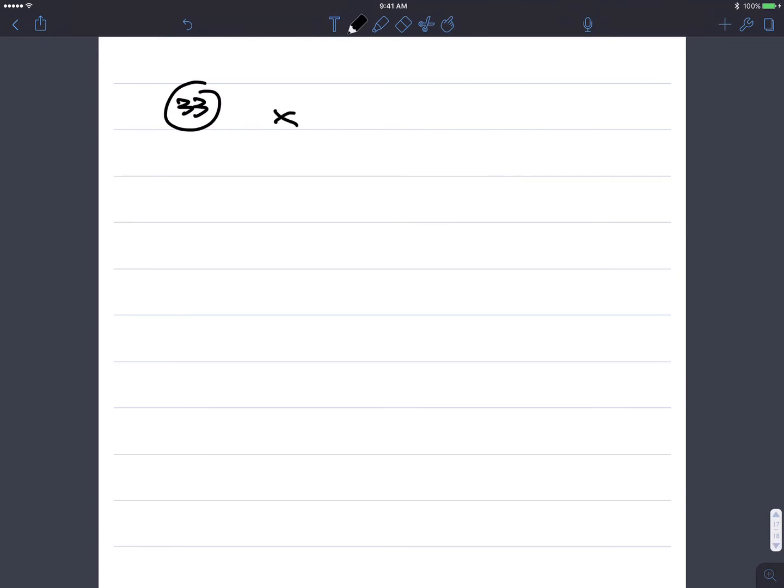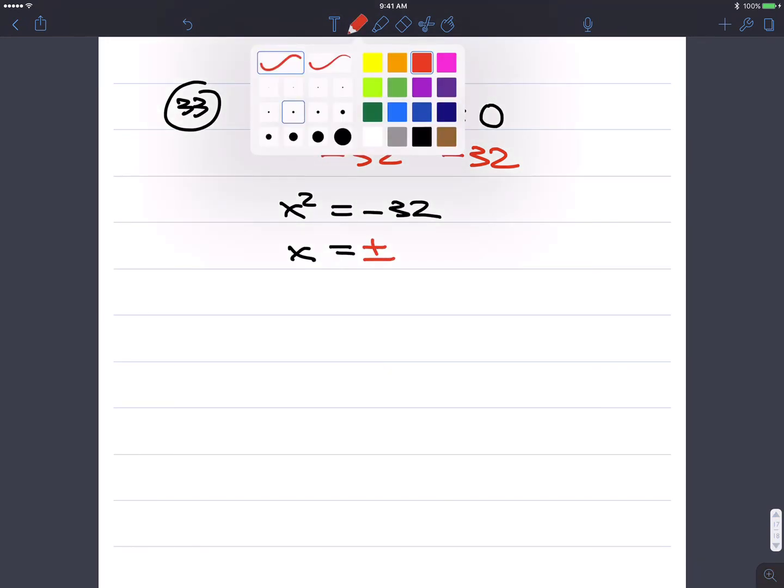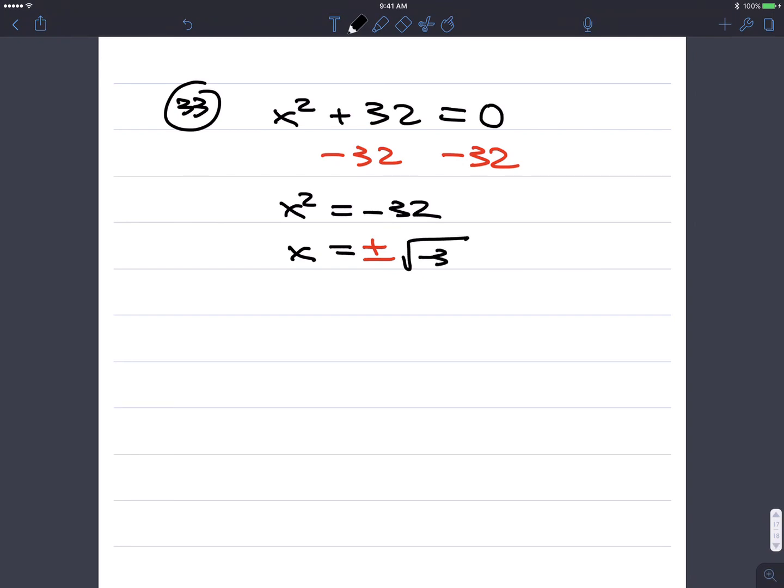Problem 33. x squared plus 32 is 0. You subtract your 32 from both sides. Get x squared is minus 32. By the square root formula, x is plus or minus the square root of negative 32.